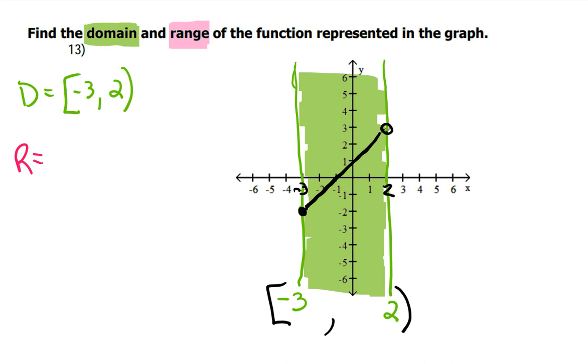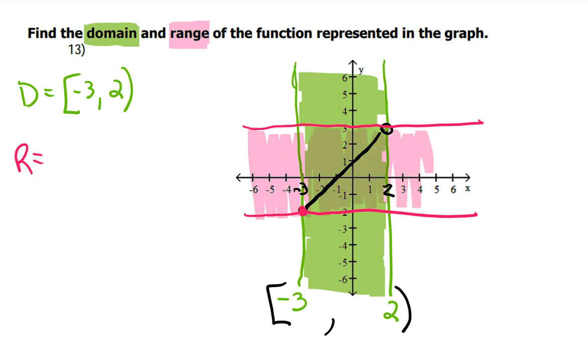So the lowest point is also this solid point right here. That's the lowest point on the graph. And the highest point is also this point that had that open circle on it. So the range is anywhere in between these two lines.